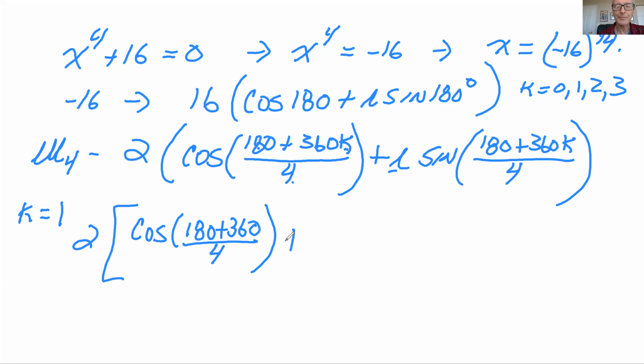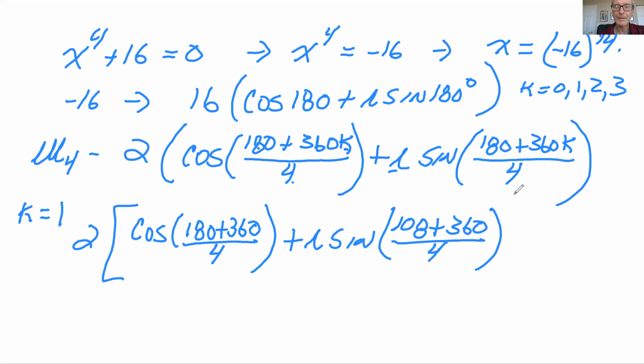And then that would be plus i sine of, again, 180 plus 360, again, divided by 4. So what does that give us? Well, get out your calculator again, 180 plus 360, divided by 4. This is 135 degrees.